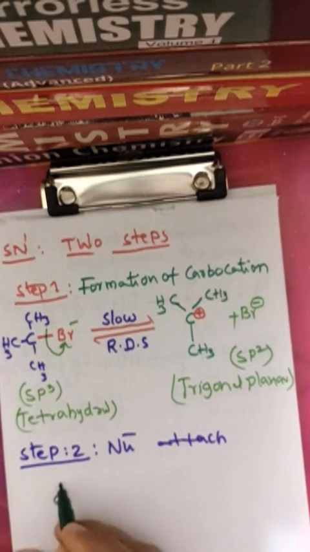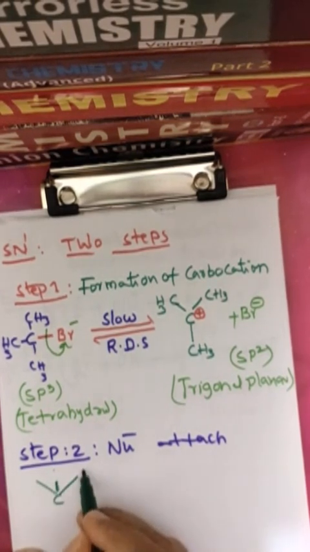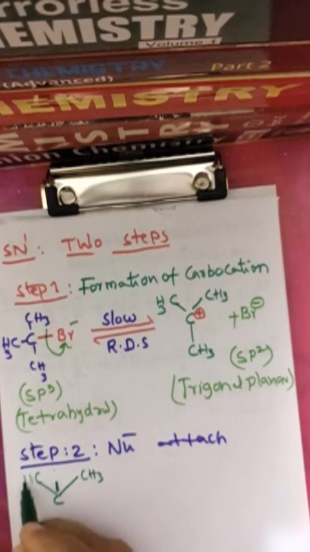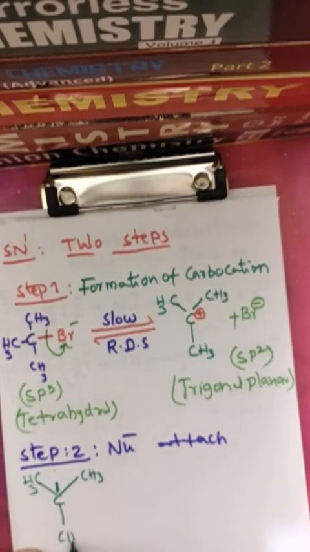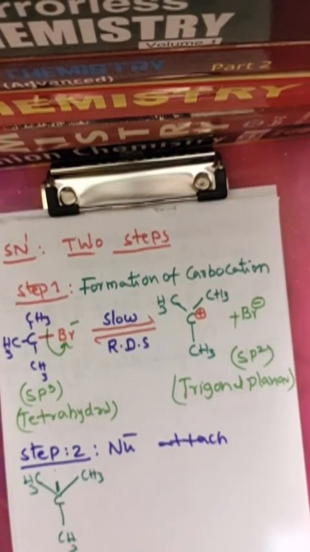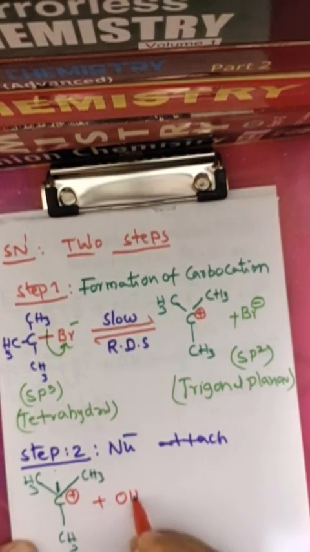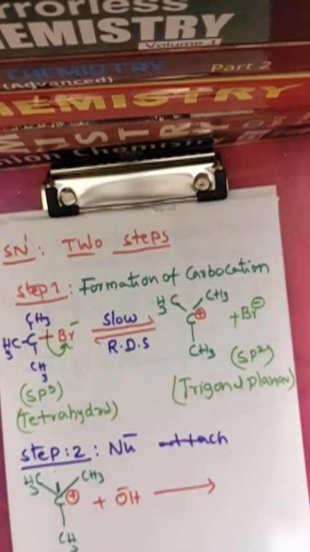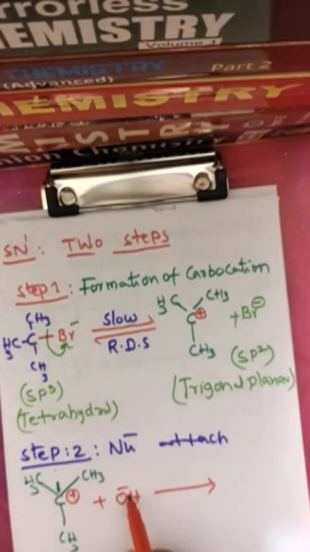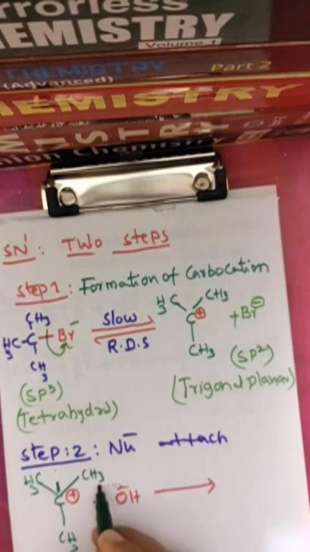And here I am taking the trigonal planar carbocation, and it is attacked by the OH minus nucleophile. So this is OH minus, this is plus. Generally plus and minus will react very effectively. That's why this nucleophile will attack the carbocation.